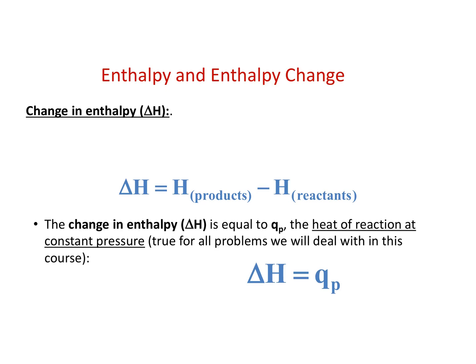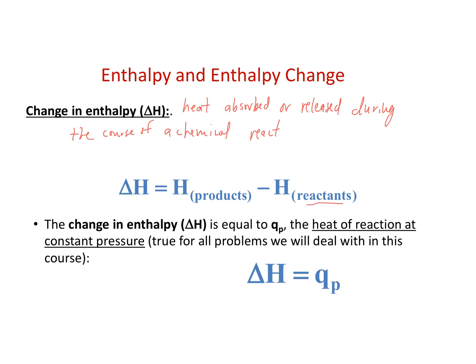And we're going to track that as the change in enthalpy during the course of the reaction. Basically, how much heat is absorbed or released during the course of a chemical reaction. And because it's a state function, we can determine the change in enthalpy by simply looking at the enthalpy of the reactants and the enthalpy of the products and finding the difference between those two.